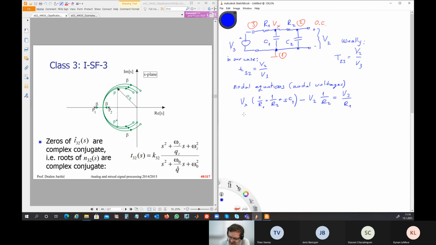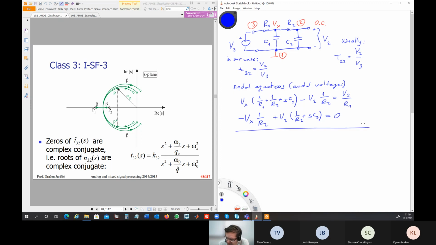And then we have node 2: V2 times 1 over R2 plus SC2, minus Vx times 1 over R2, is equal to 0.